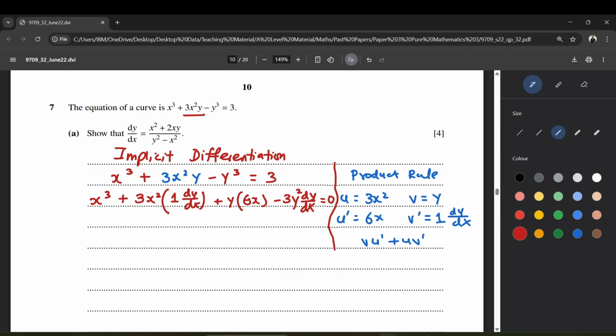Now we can expand it and then simplify it. So we have x cubed plus 3x squared dy/dx plus 6xy minus 3y squared dy/dx equals 0. Now we can collect all the dy/dx terms on one side, and move the remaining terms to the other side.